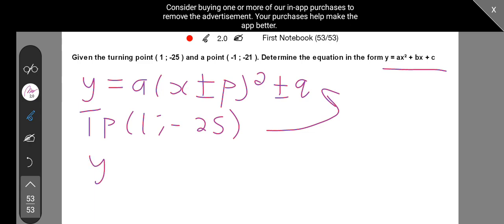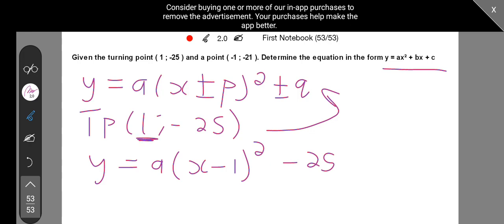So we're going to plug the turning point into this equation. We're going to say that y is equal to a multiplied by (x minus 1) squared minus 25. Remember what I said in the previous video: if the value of x is given as positive 1, inside the bracket it is going to be negative 1, and we say squared, but the value of y you write the way it is, that's minus 25. Check the previous video if you don't understand.